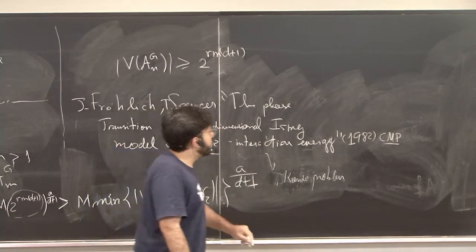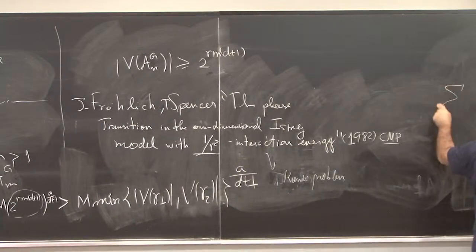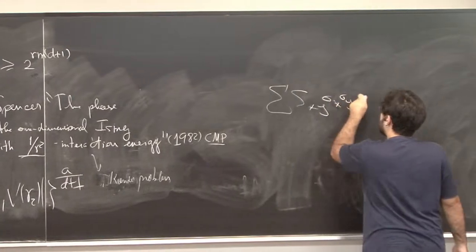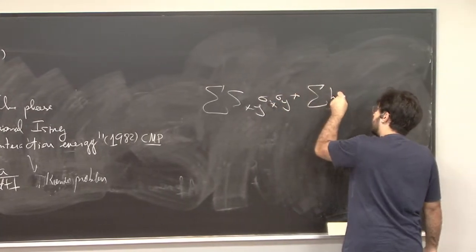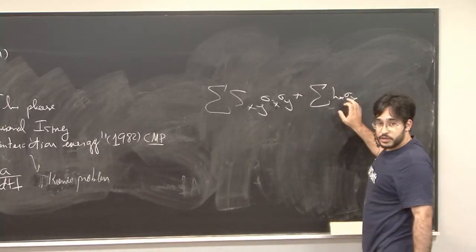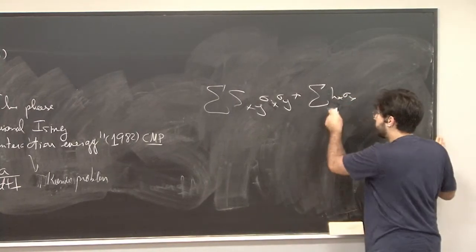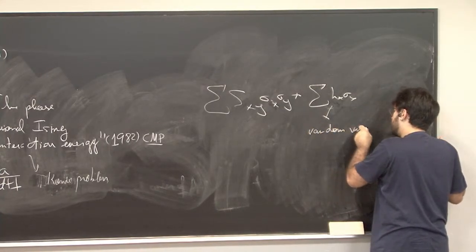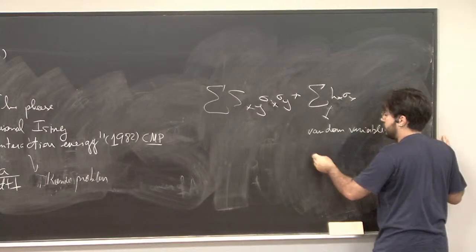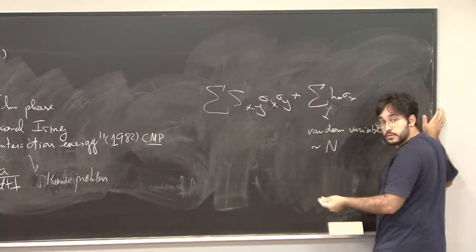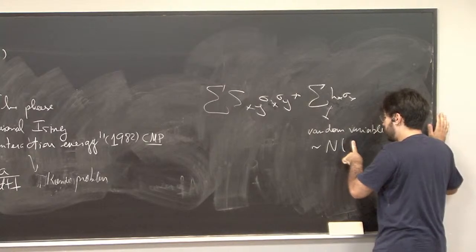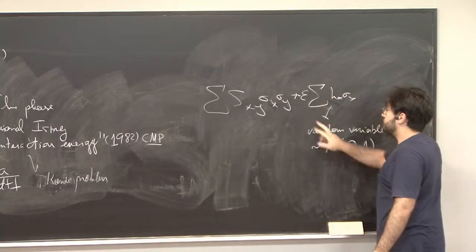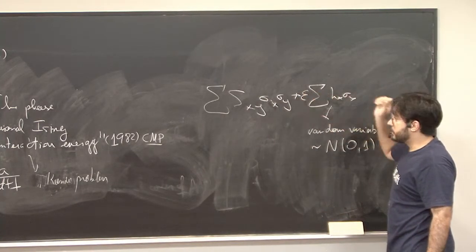So you have your Hamiltonian as being J_xy sigma_x sigma_y, and then you add some h_x, spatially dependent, but this is a random variable. This is a random variable, and usually you can think of it as being distributed as a Gaussian, with mean 0 and variance 1, and then you put some parameter here.